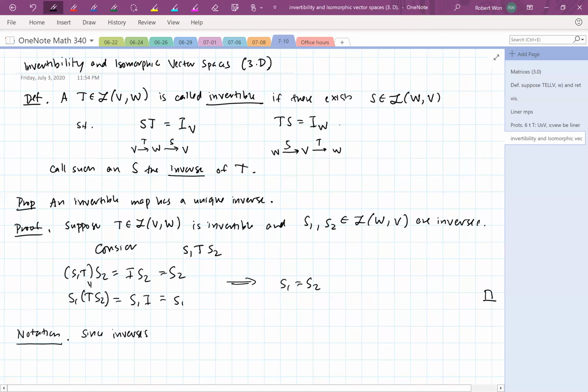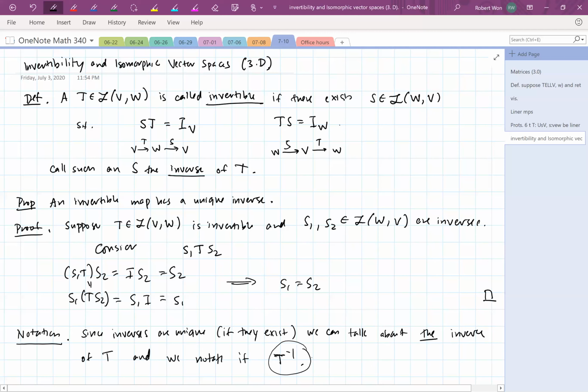Not every map needs to have an inverse, but since inverses are unique, if it exists, we can talk about the inverse of T, and we notate it T inverse. Okay, so if T is invertible, then this notation means the inverse of T.